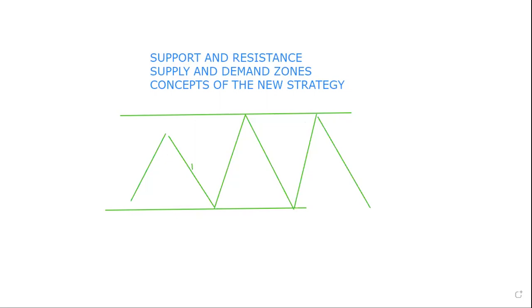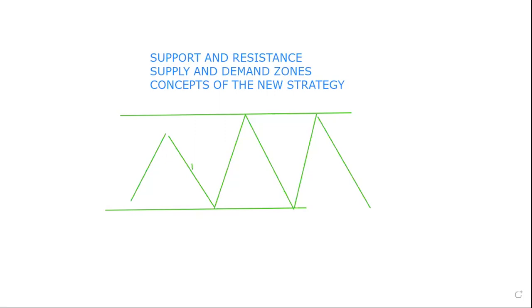So we'll go to the charts and look at some of the support and resistance areas. But before we do that, let me just finish with the support and resistance before moving to the supply and demand zone.